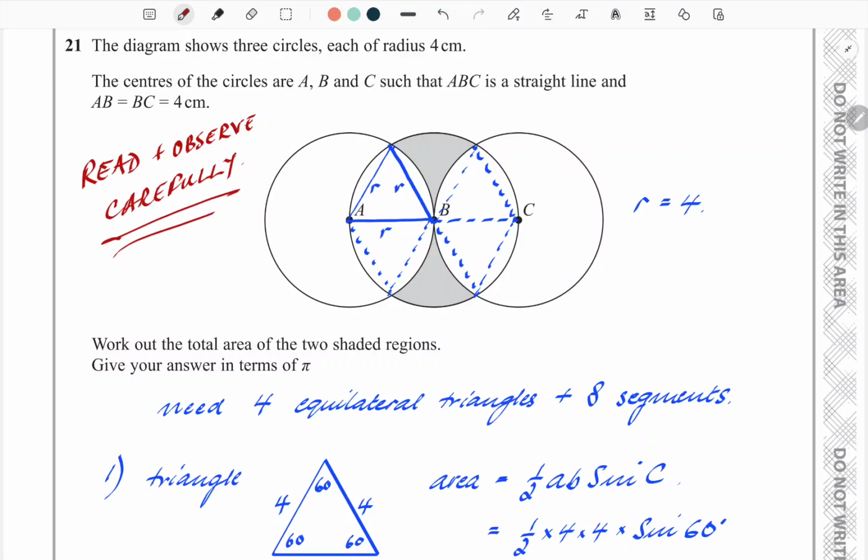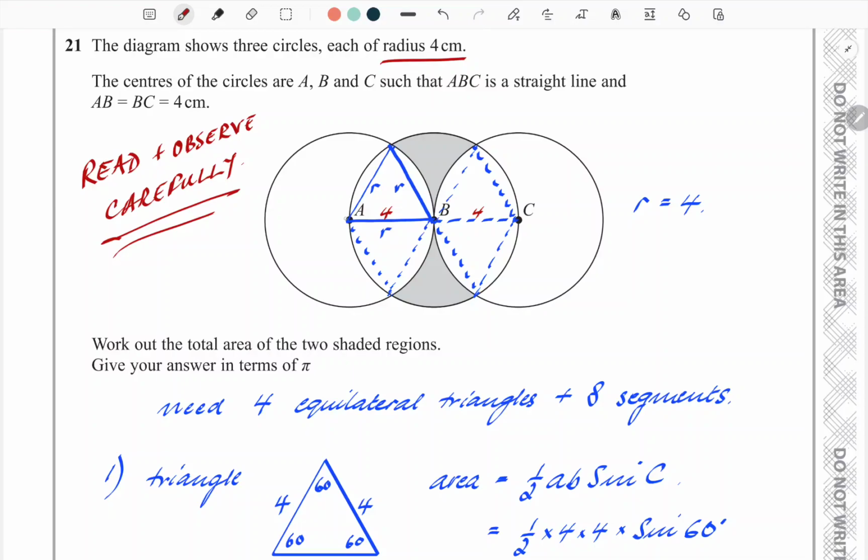And right, they've said 3 circles, radius 4, all right? The centers of the circles are A, B, and C such that ABC is a straight line, and A to B, B to C equals 4. So this is 4, that's 4. So effectively, these are all radii. So each one of those lines is a radius.